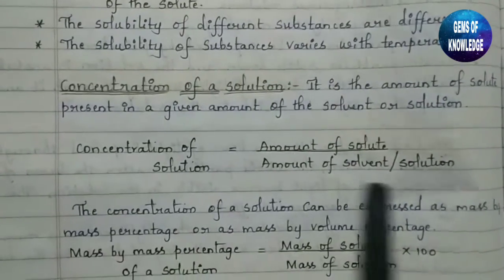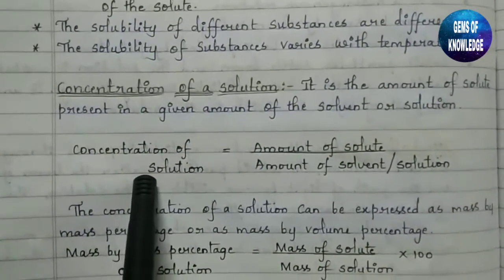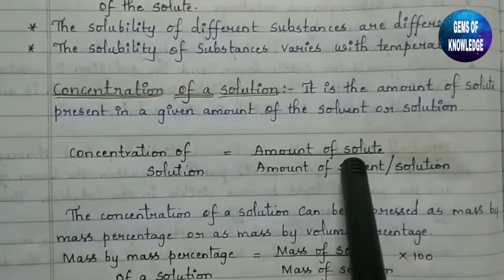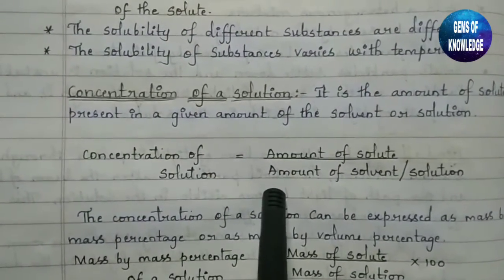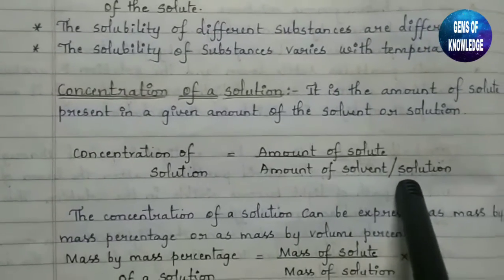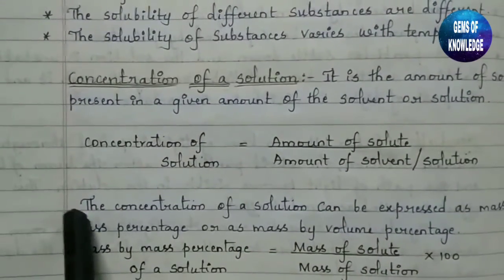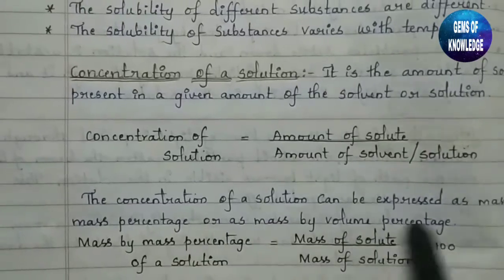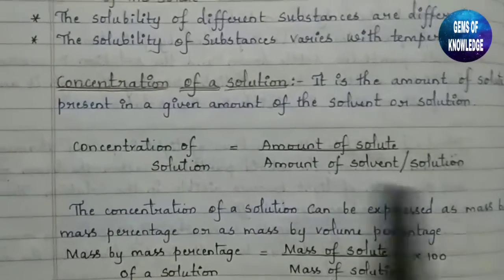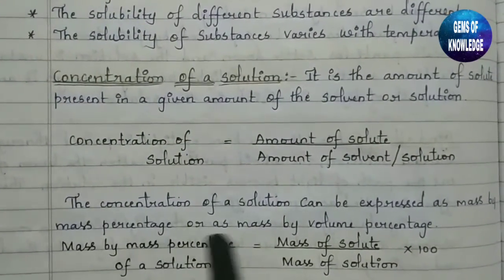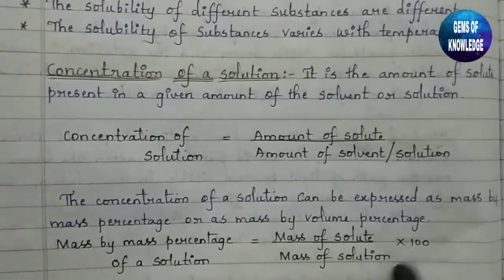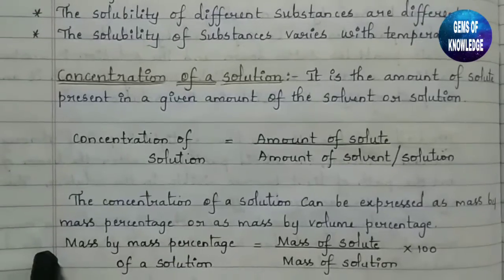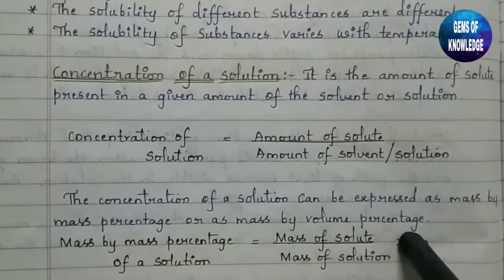Here you can see a formula: concentration of solution is equal to the amount of solute divided by the amount of solvent or solution. The concentration of a solution can be expressed as mass by mass percentage or as mass by volume percentage.